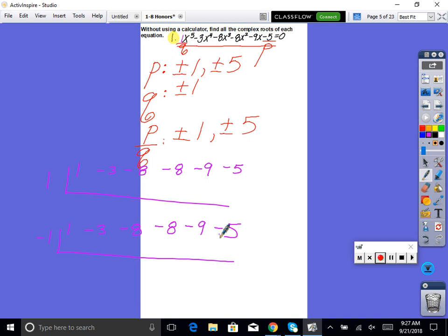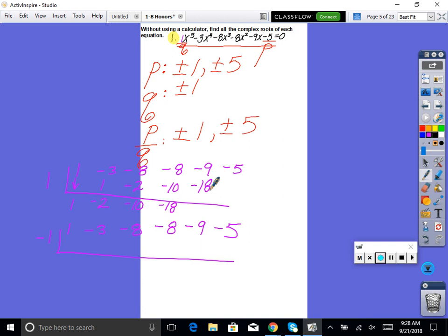Yeah, 1 and negative 1, I only want those being tested right now. One didn't work. Yeah, no, it did.